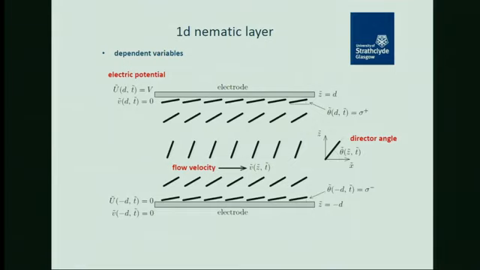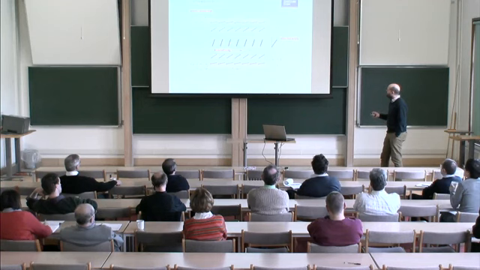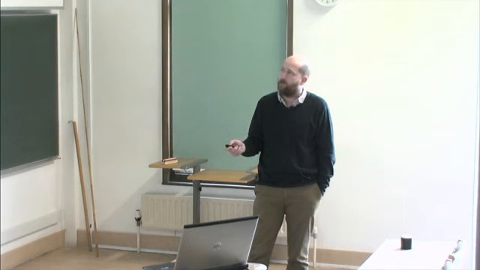I'm going to solve Maxwell's equations for this system, and I assume there's a potential difference. I'm going to assume the director stays in the x, z plane, although you can make headway when it comes out of plane as well. Because the director's in plane, the flow velocity is only in the x direction.